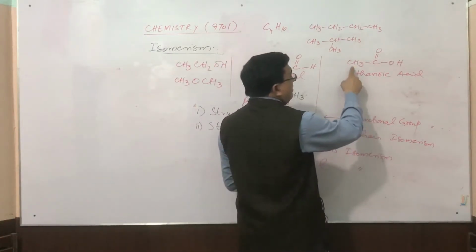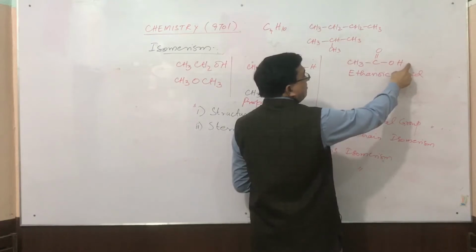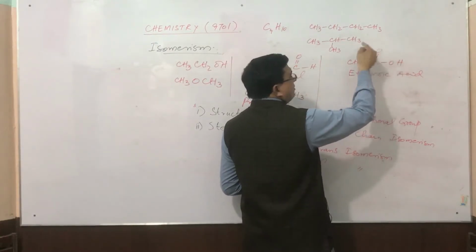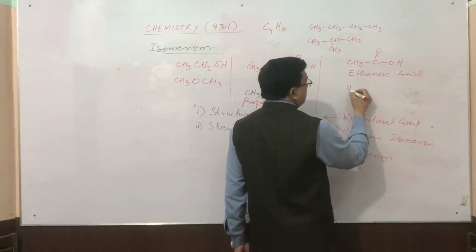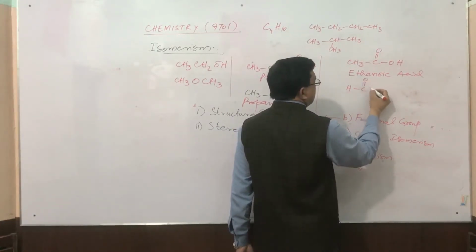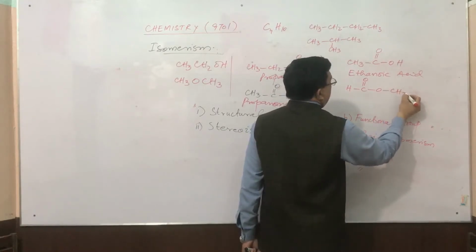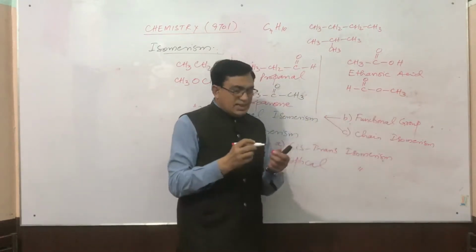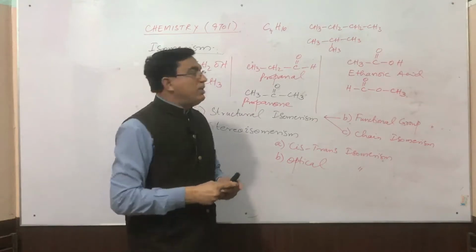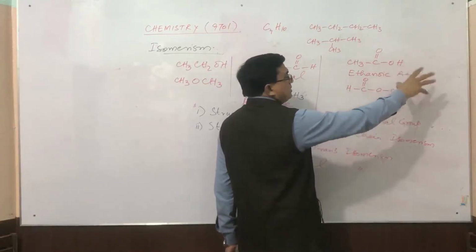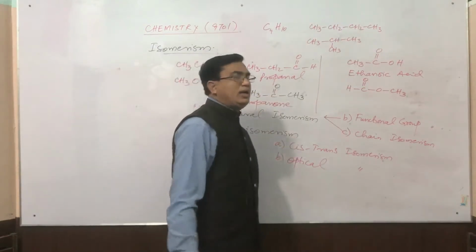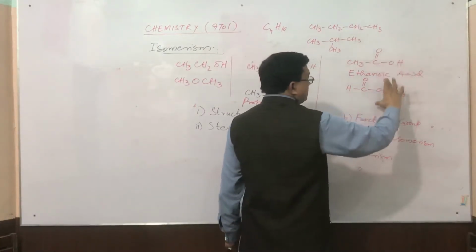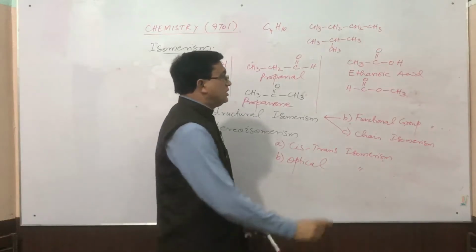If I put this methyl group in the position of hydrogen and hydrogen in the position of the methyl group, what will I get? It will become HCOOCH3. Now this is an ester. By replacing some of the atoms in a molecule, we can convert one functional group into another. This is a carboxylic acid, but this is an ester.